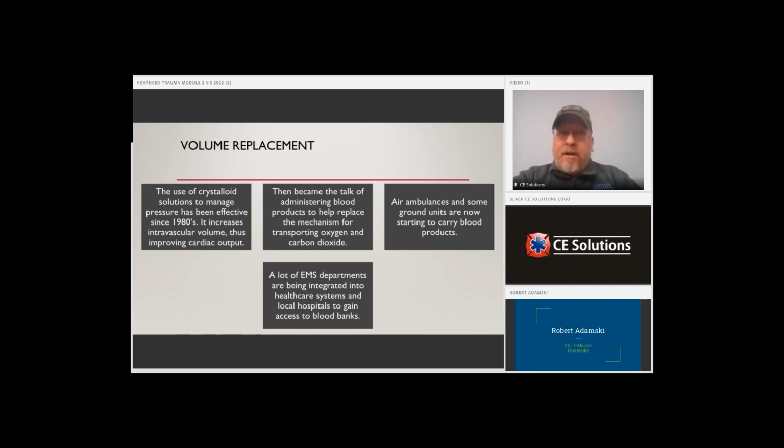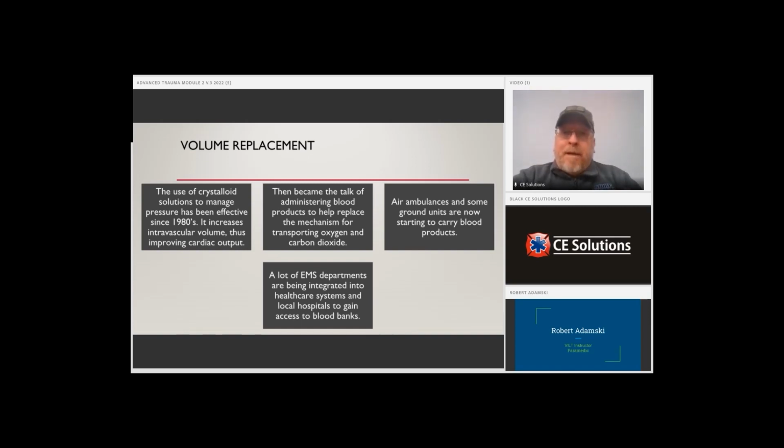However, most systems are going to use isotonic crystalloid fluids. They're good for maintaining that permissive hypotension. However, the problem is they don't have any oxygen carrying capacity and they don't carry platelets or any of the clotting factors for helping control hemorrhage and promote hemostasis.